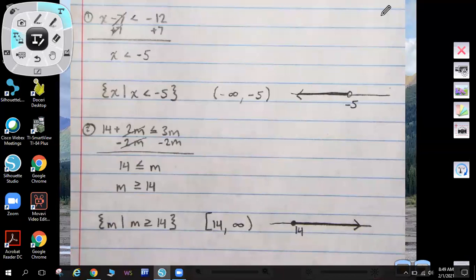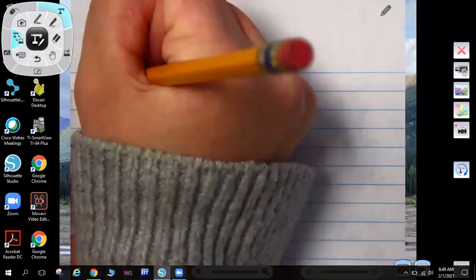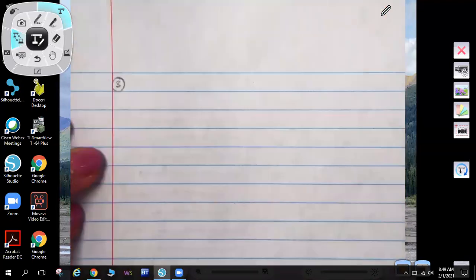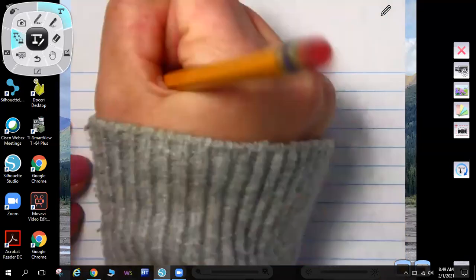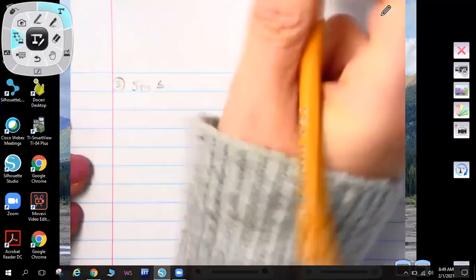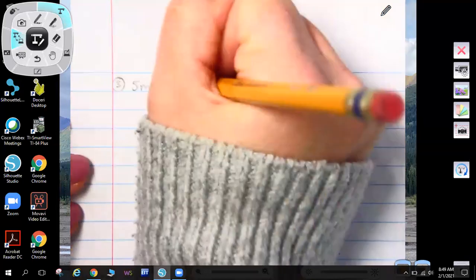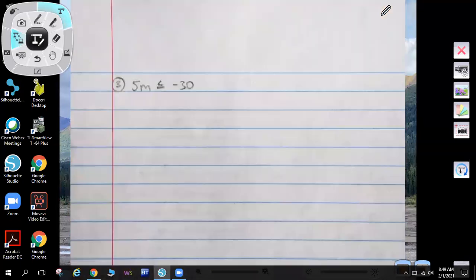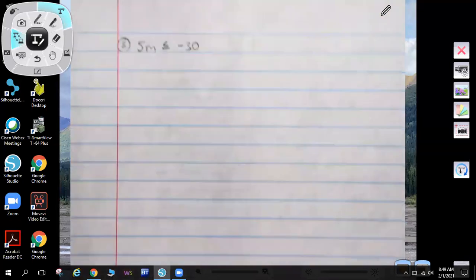All right, we got a few more examples. Example 3, 5m is less than or equal to negative 30. I want to get the variable by itself.